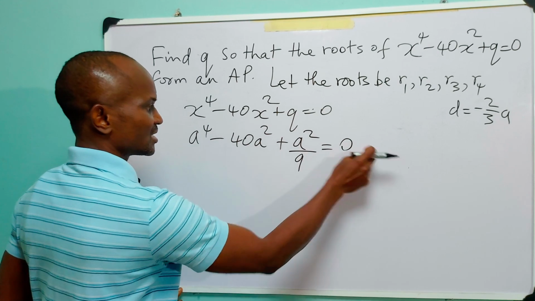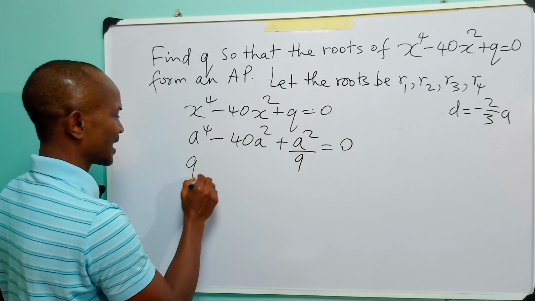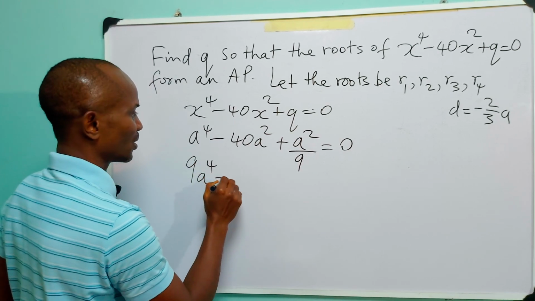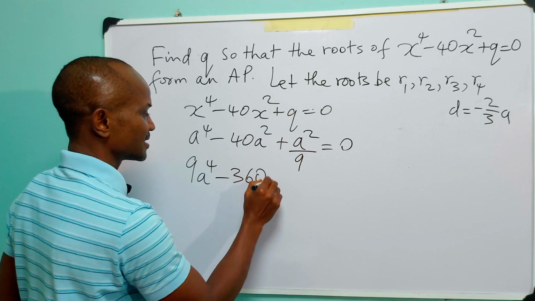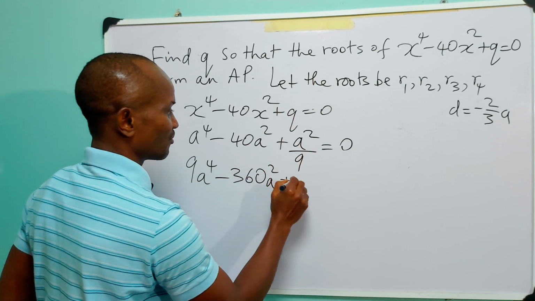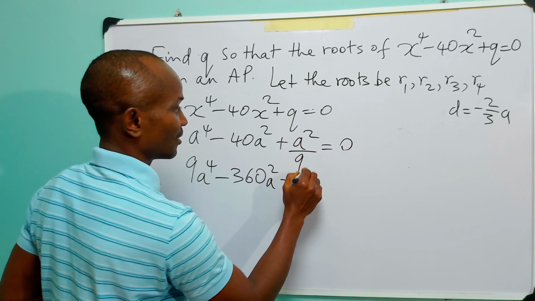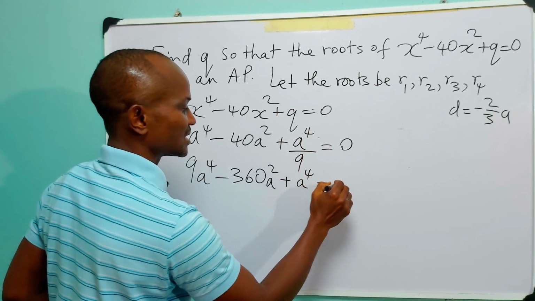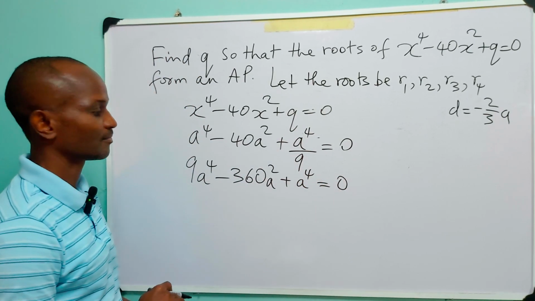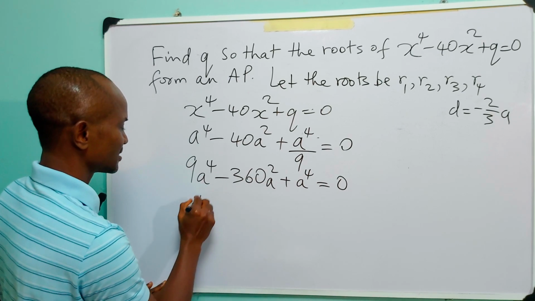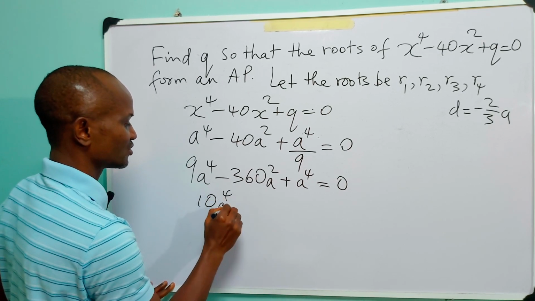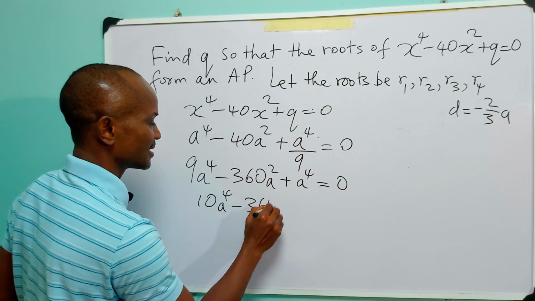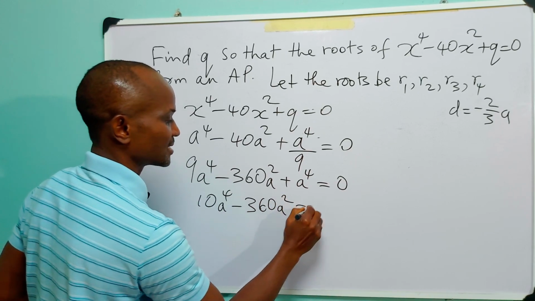Multiplying both sides of this equation by 9, we have 9a raised to power 4 minus 360a squared plus a, sorry, this is a raised to power 4, is equal to 0. This plus this is 10a raised to power 4 minus 360a squared is equal to 0.